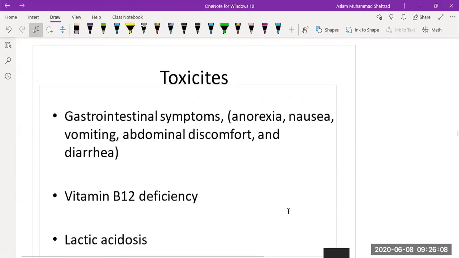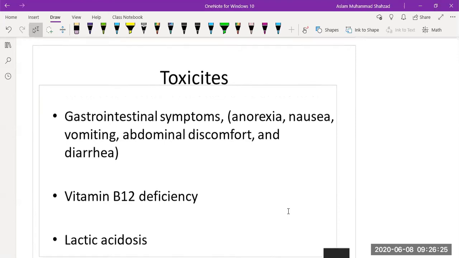The overall toxicity produces anorexia, nausea, vomiting, abdominal discomfort, and diarrhea. And why do we have abdominal discomfort? The answer is very simple, common sense: it is absorbed in the intestine.